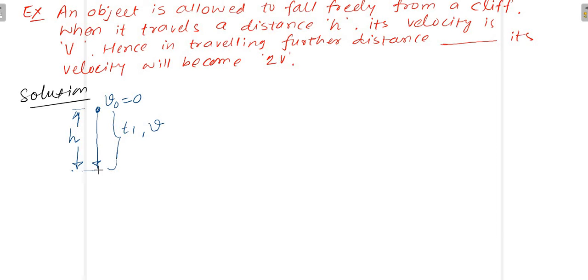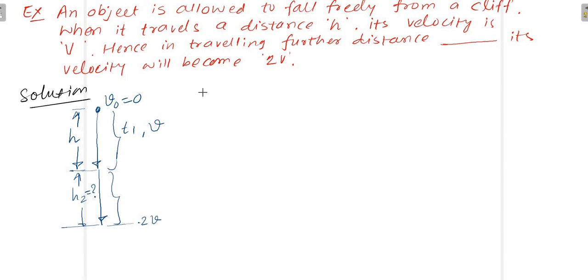Now further, how much distance? This further distance h2 is the question mark, which takes a certain time, and the velocity at the end is 2v. This is what is to be calculated.